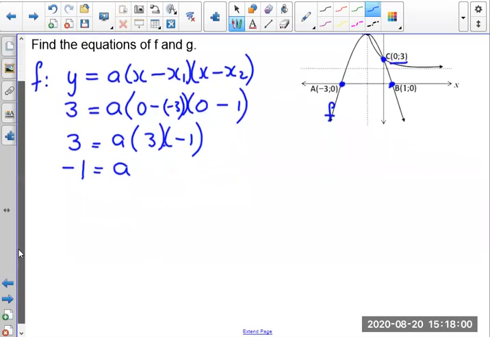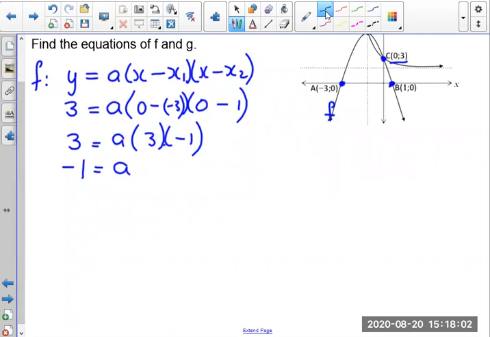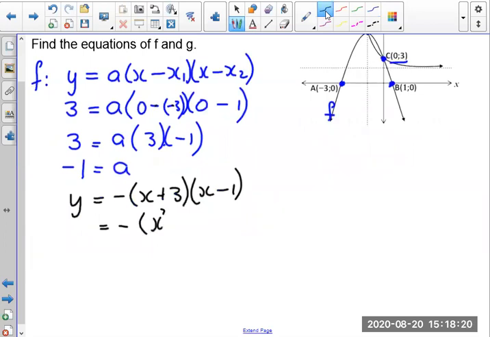So now I substitute back. y equals, the a value is minus 1, (x minus minus 3 becomes a positive 3)(x minus 1). If I FOIL, I get x squared minus x plus 3x is plus 2x minus 3.